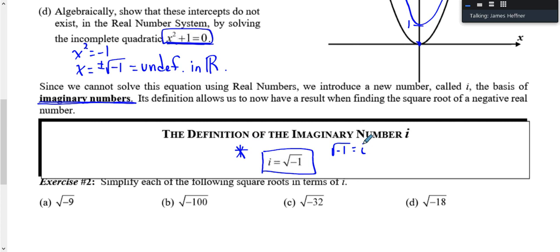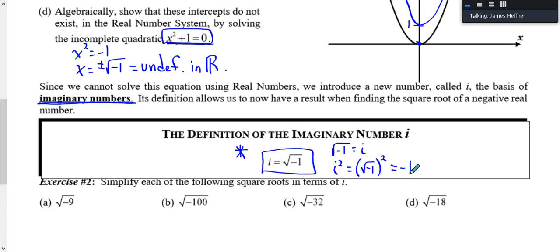But what would i squared equal? If i equals the square root of negative 1, wouldn't i squared be the square root of negative 1, squared? And what is that? It would be negative 1, because squaring and square roots undo each other. So look at that: if I take that imaginary number, the square root of negative 1, and square it, I end up getting negative 1.